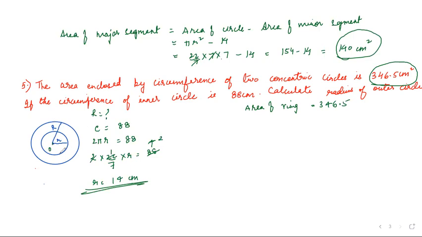But when you have concentric circles, the area of the ring is pi into capital R square minus small r square. So here we just need to substitute the values. 22 by 7 into capital R square minus 22 by 7 into small r square. Small r square is what? 14 into 14.